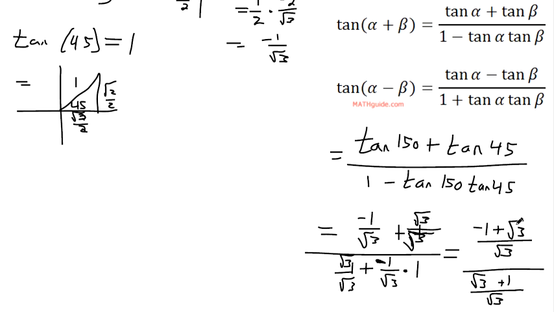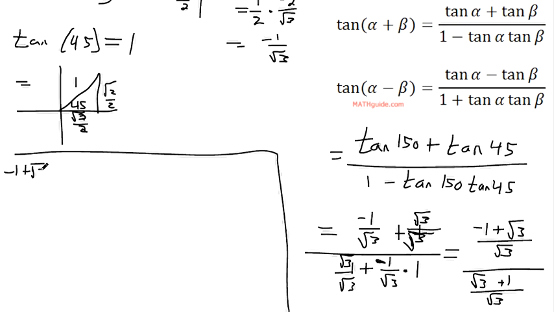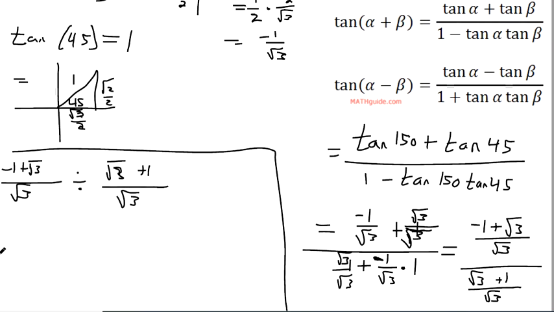Big yucky fraction. It's right, but we just need to simplify a little bit. So I'll copy it over here to show you what I do next to simplify. Look, this is the division symbol, right? So I'm going to rewrite it as the square root of 3 plus 1 over the square root of 3. And then I can flip and multiply.